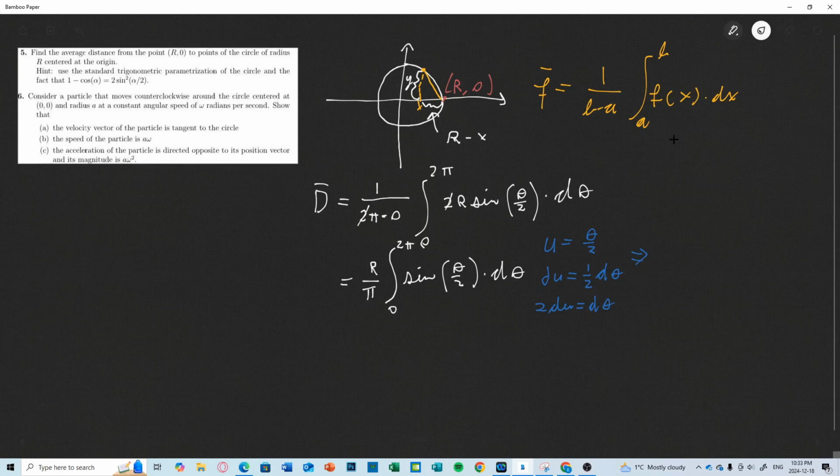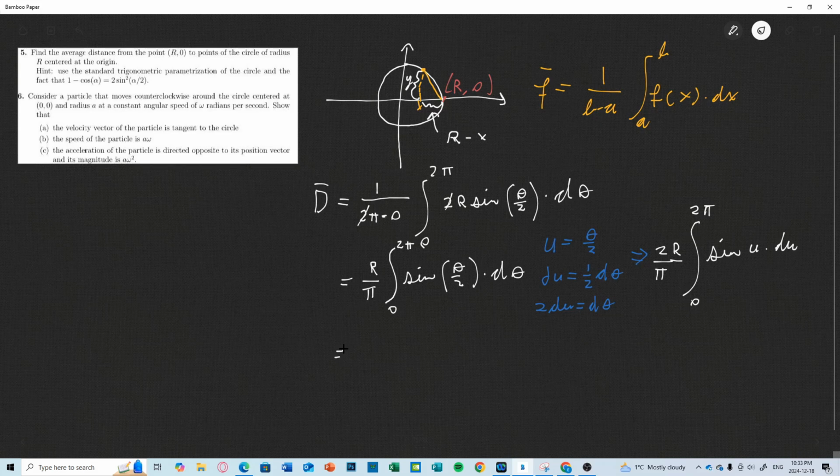So now this will give us our 2 factored out, 2r over pi, and then it's the integral from 0 to 2 pi, because we'll change it back into theta before putting in our bounds, of sine of u multiplied by du.